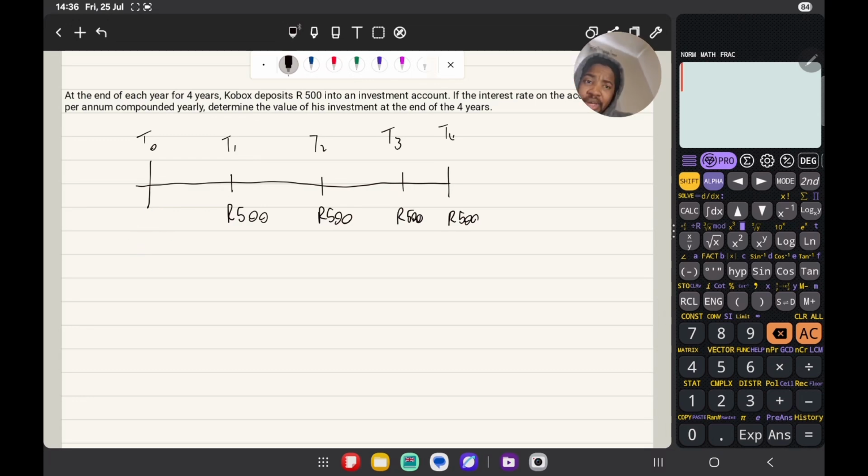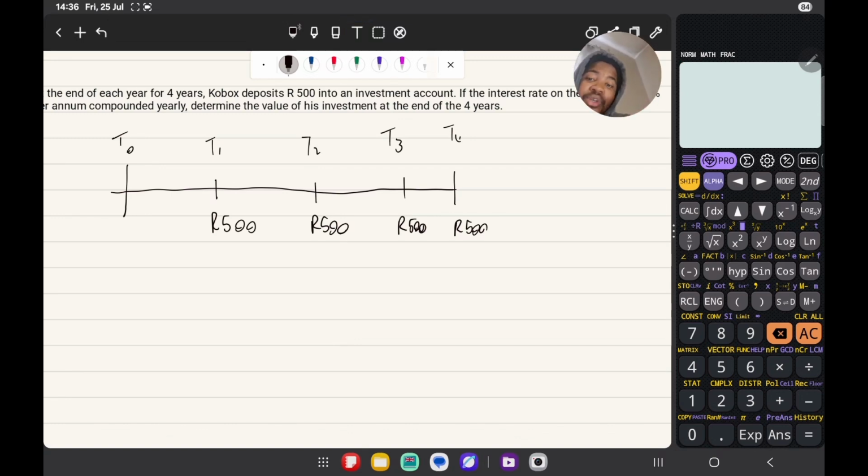So on this formula, A equals P(1+i)^n, if you substitute P equals 0, because we are not told of money already in the account or money put in at the beginning of this 4-year period, you're going to end up with 0. So let's ignore that.